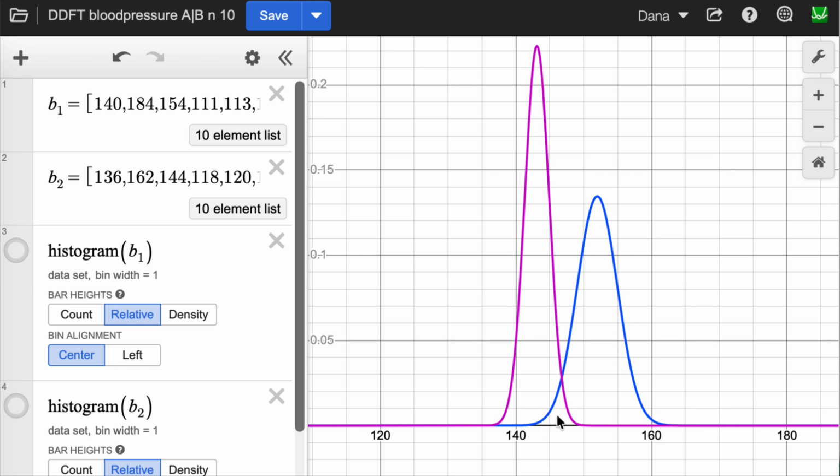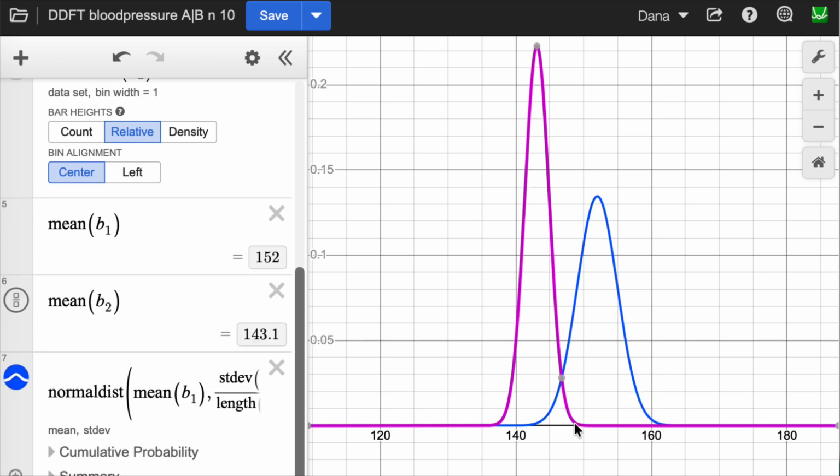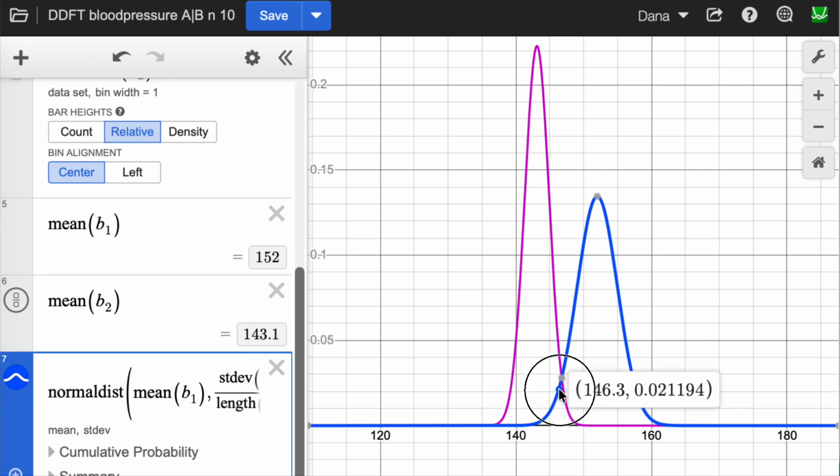And you can see there's a problem here. The two curves overlap, so it's possible that both of these medications actually have the same mean, somewhere in this overlap area from about 142 to about 148. So a mean, say, of around 146 could be true for either medication.